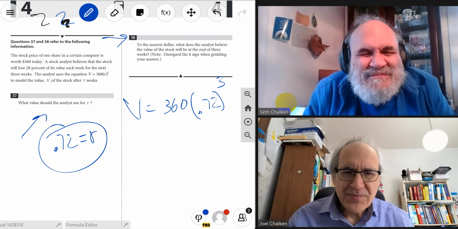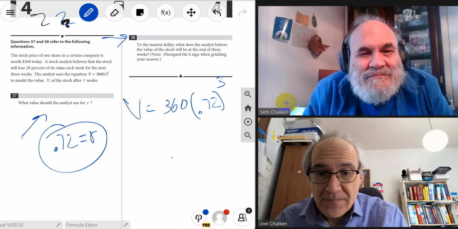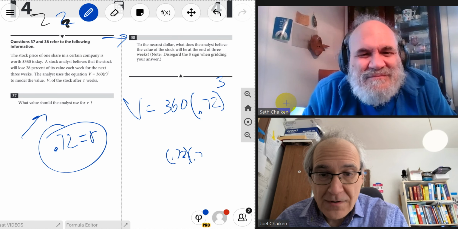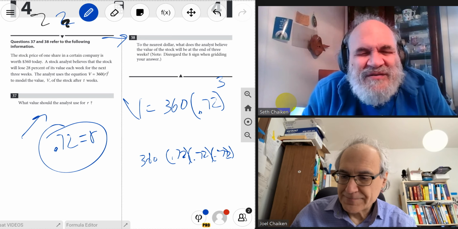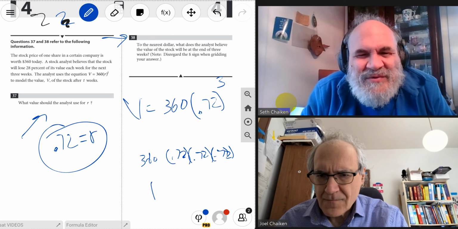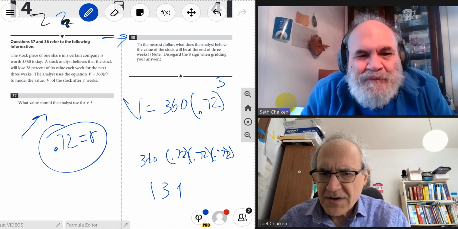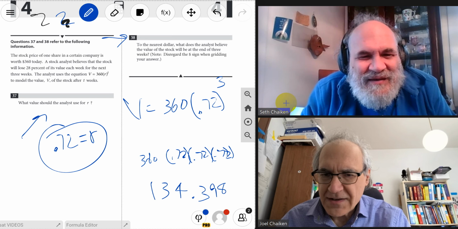So you've got to do 0.72 to the third power. That means you multiply 0.72 by 360 three times. Right, so it's 134.398.